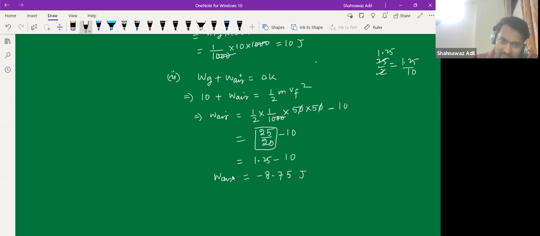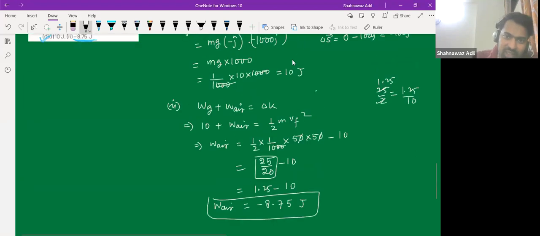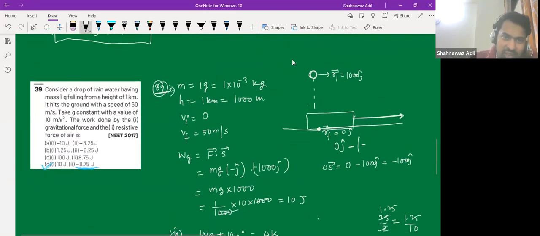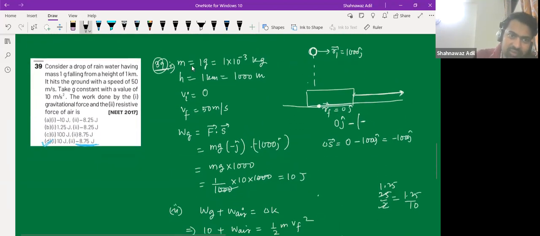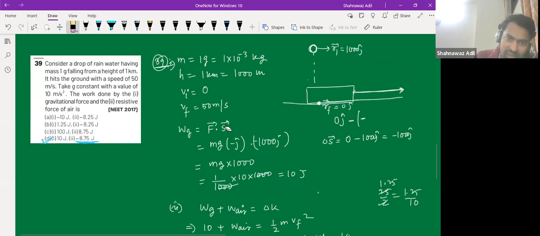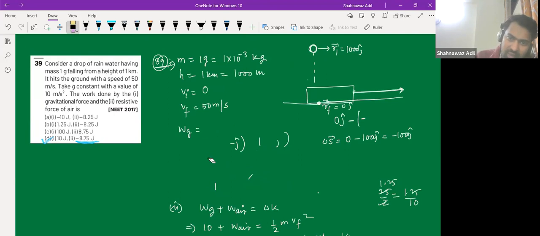So yes, this was the calculation mistake, right? So 25 by 20, that would be 1.25, not the other way around. So yeah, this was the error. So this we already got, right? This we already got.